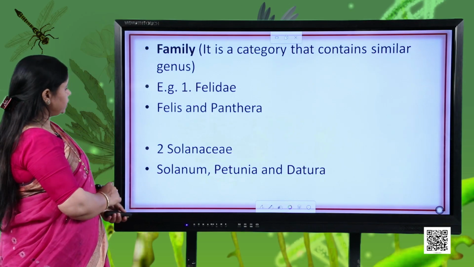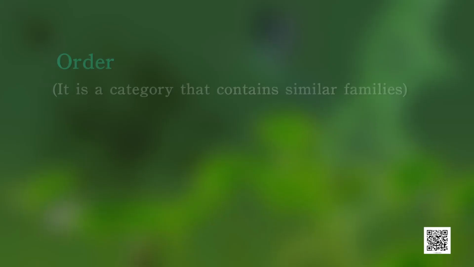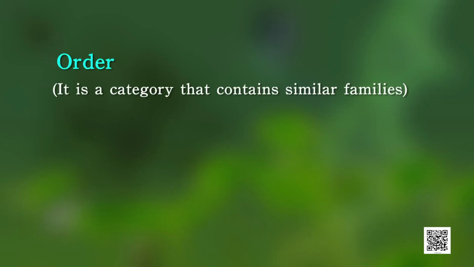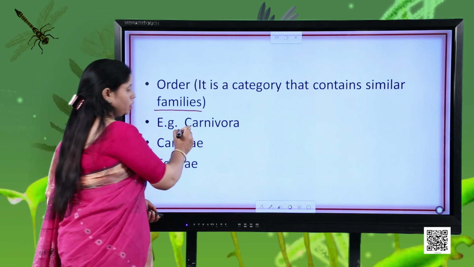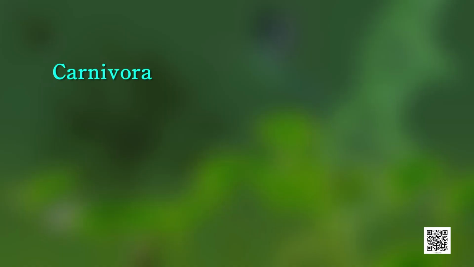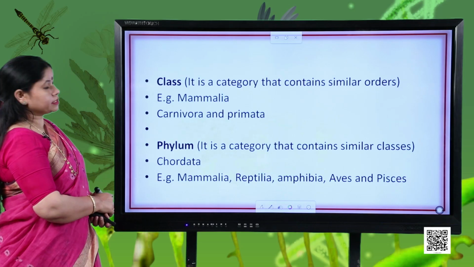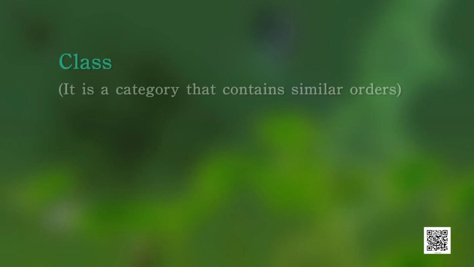Next taxonomic category, order. Order contains families that share some common morphological characters. For example, order Carnivora contains two families, Canidae which is known as dog family and Felidae which is known as cat family.